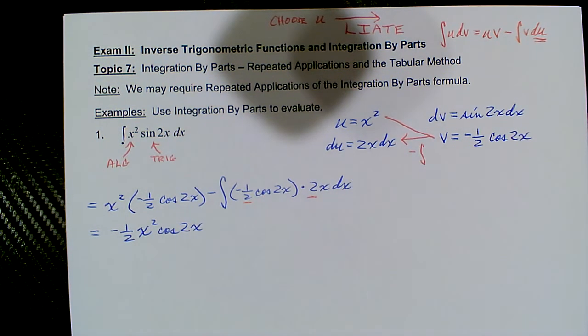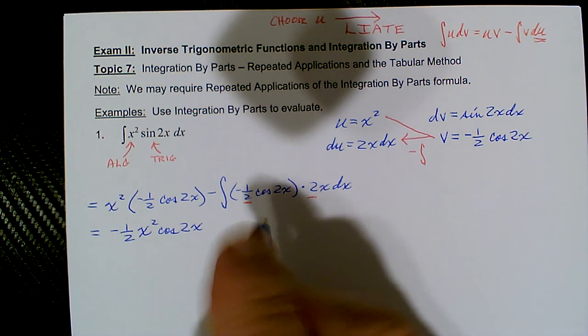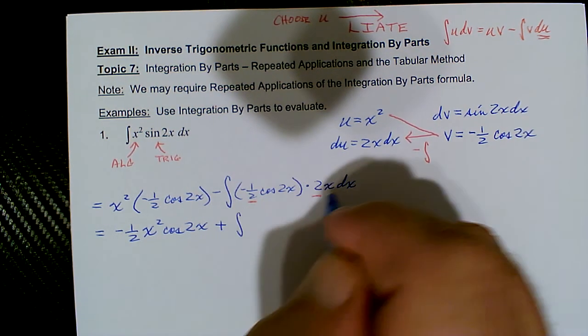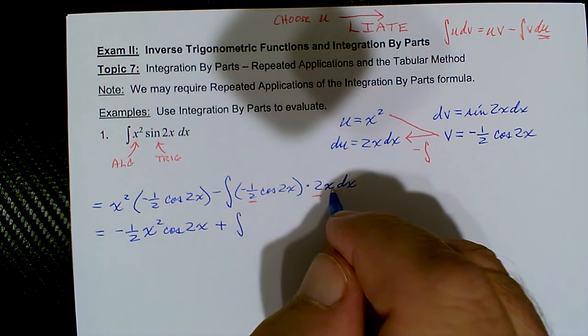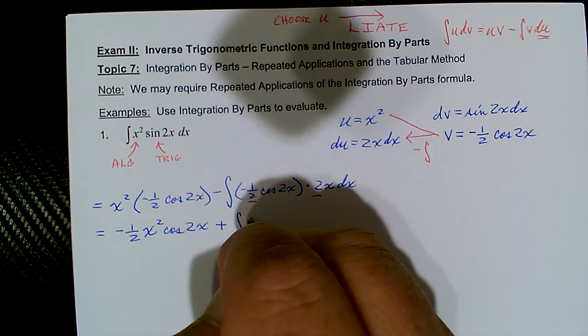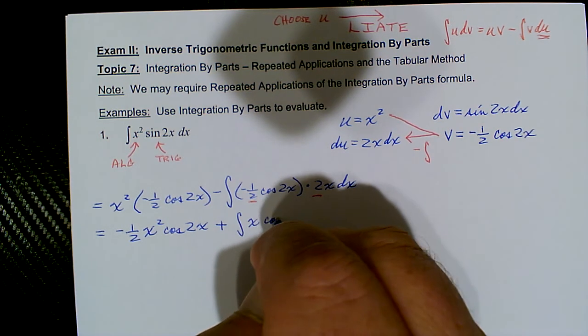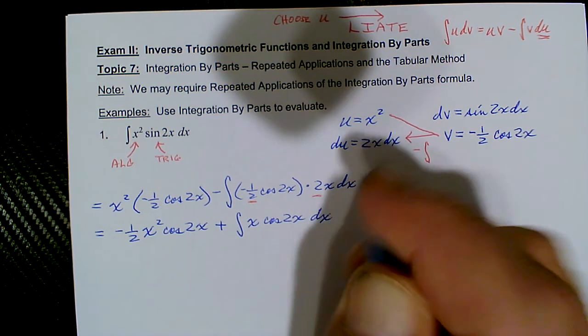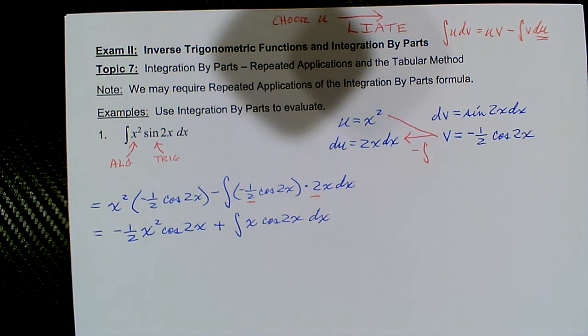So we're really factoring in negative 1 times this negative makes positive. And then the integral of, okay, instead of cosine 2x times x, those are the leftover factors, we prefer x cosine 2x and the differential dx.